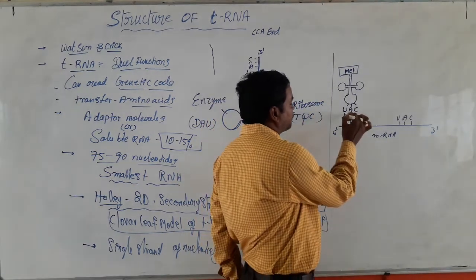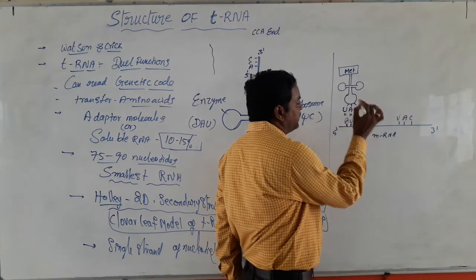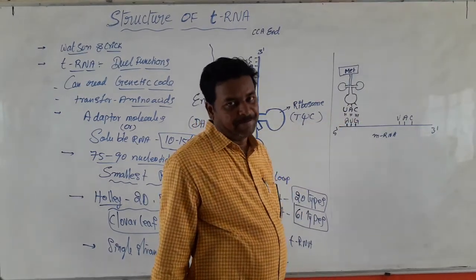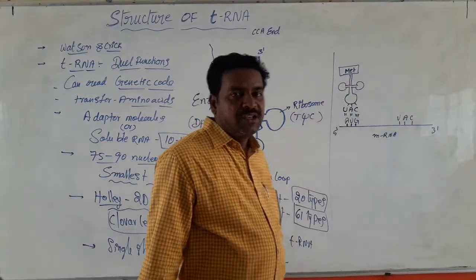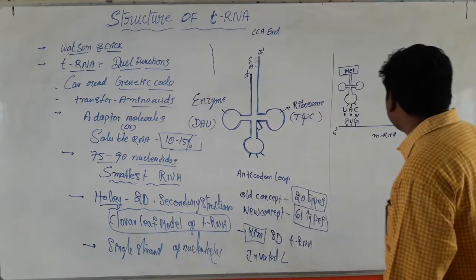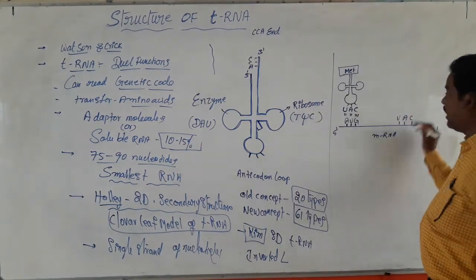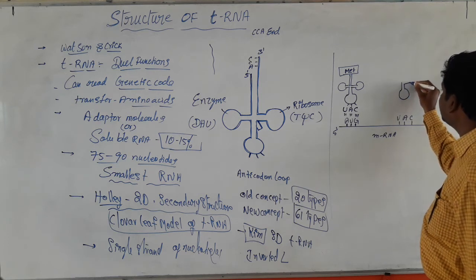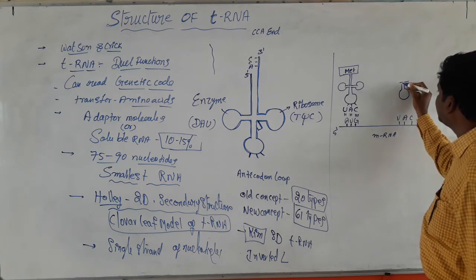Now, hydrogen bonds are formed between these codons of mRNA and anticodons of tRNA. Similarly, for example, this is one codon, and this is the tRNA responsible for this codon.